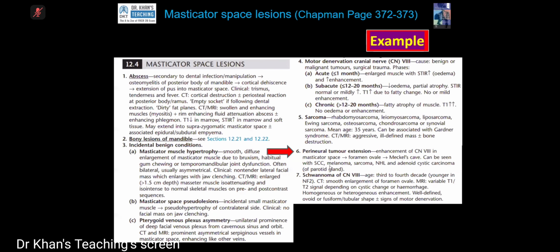Now, perineural extension of tumors from the masticator space is a known phenomenon. In your Chapman, it is given from masticator space to foramen ovale to Meckel's cave. Look at this non-Hodgkin lymphoma, and this is what our case was.